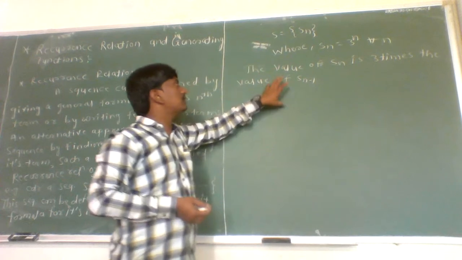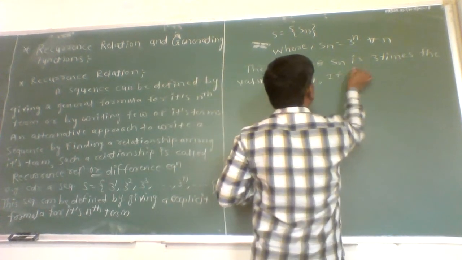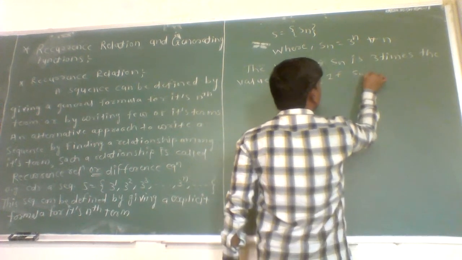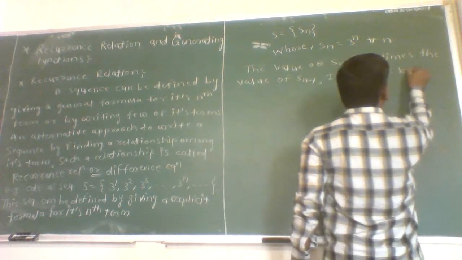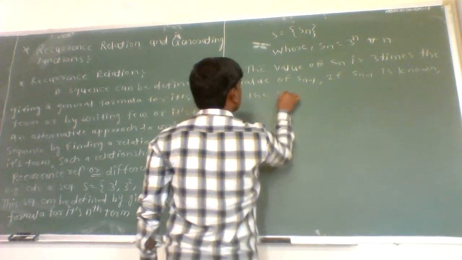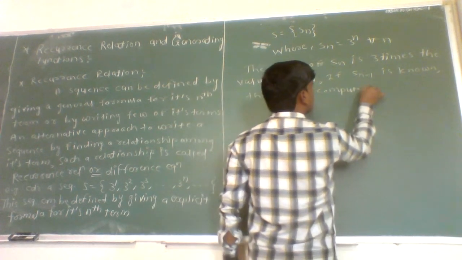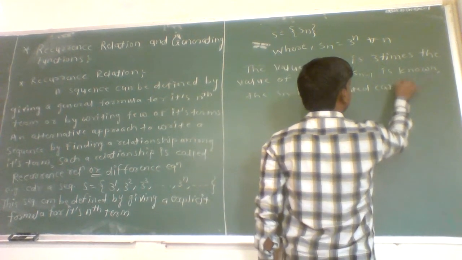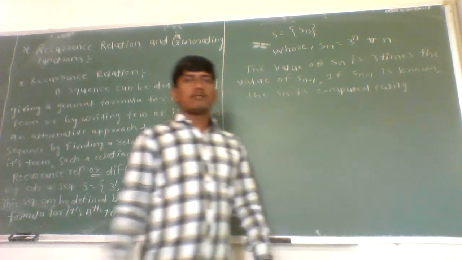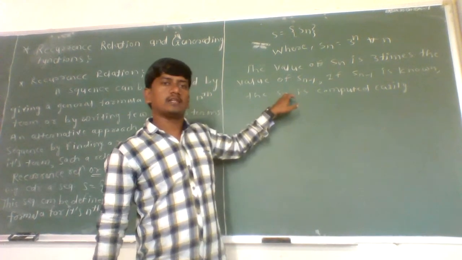If the value of S_(n-1) is known, then S_n is computed easily, since S_n is 3 times the value of S_(n-1).